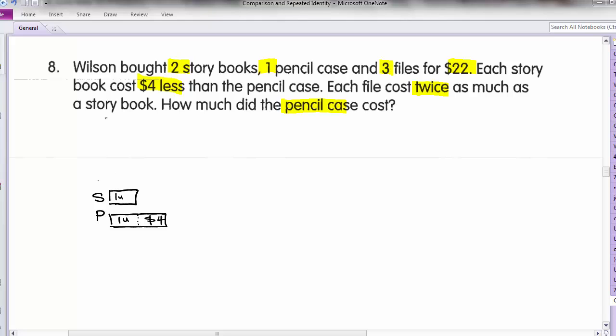So that means my file is 2 times my storybook, which is 2 units. Okay, so let me duplicate. I got 2 storybooks, 1 pencil case, and I have 3 files. Okay, so let's draw it like that.